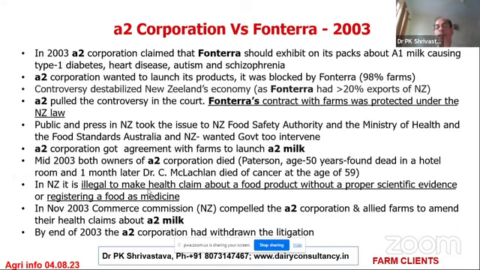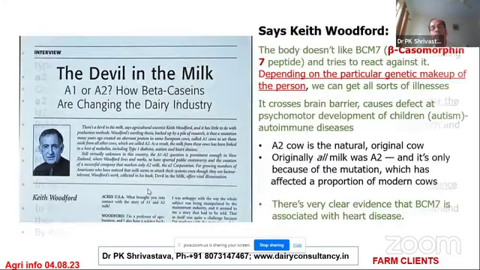This happened in New Zealand, which jolted Australia, Indonesia, even parts of Europe and New Zealand itself. This was the controversy. I have put the photograph of this person, Keith Woodford. He said that beta-casomorphin available in A1 milk, which is not available in A2 milk, is the reason for many of the diseases.